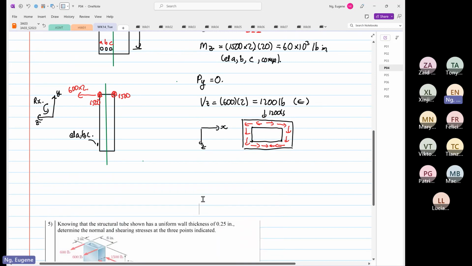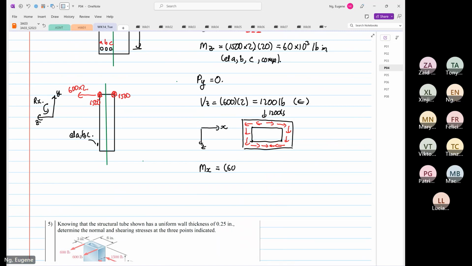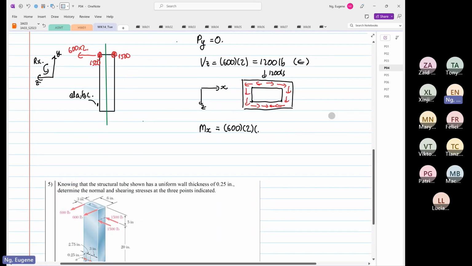Then we have our moment in X, and that will be equal to 600 times 2, and the distance now is 25. So 600 times 2 times 25 is equal to 30,000.